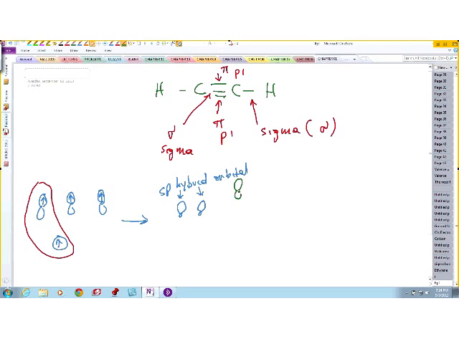The p orbitals are still there, in which you have an electron here, electron here, electron here, electron here. Those are the p orbitals. Those p orbitals did not undergo hybridization. These two are the p orbitals.